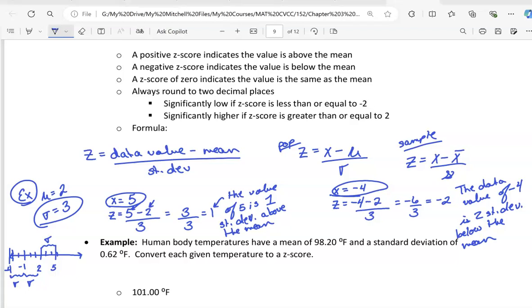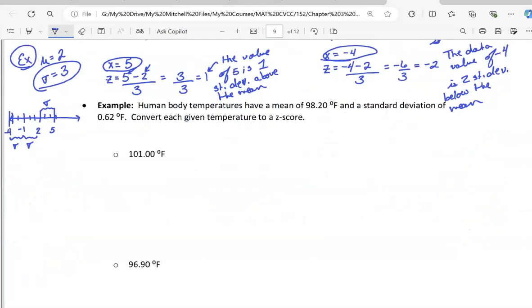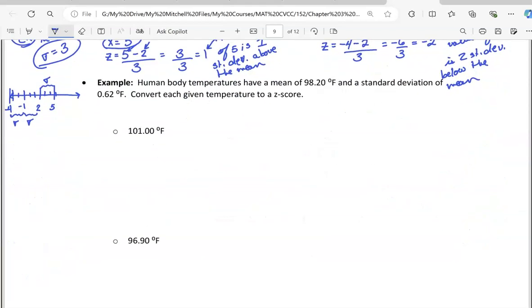So let's look at another couple of examples. Suppose we're looking at human body temperatures. They tell us that there is a mean of 98.2 and a standard deviation of 0.62. And we want to convert each of these to a z-score.